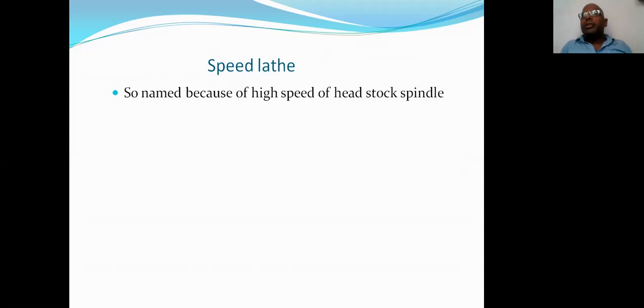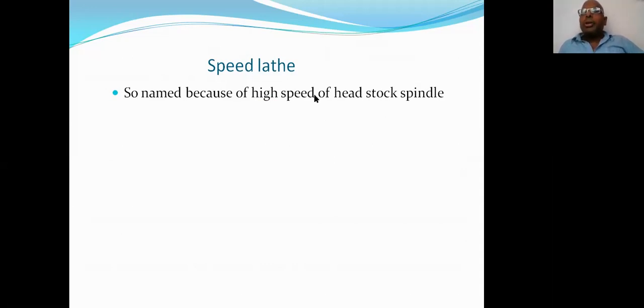Simply by using that stepped pulley, the stepped pulley and this job all come under headstock work. Why is it called a speed lathe? Because the headstock spindle houses or carries the stepped pulley and the rotating center, also called the live center.